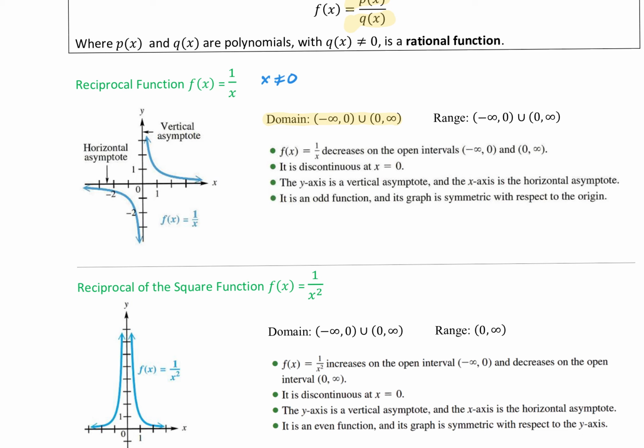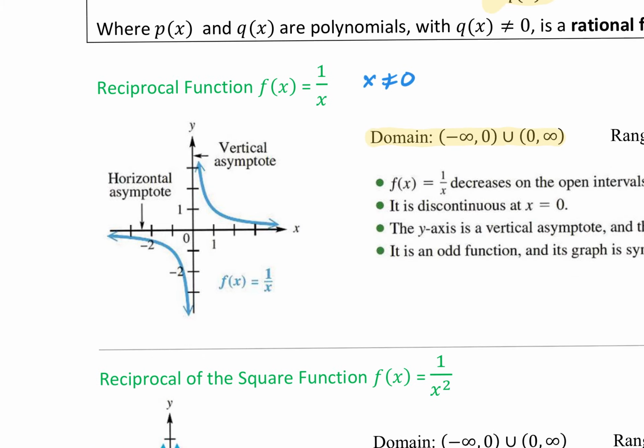Since it can never be equal to 0, and my domain has now been split up into two intervals, if you look at the graph of 1 over x, you see that it has two pieces. And where it splits off is at the y-axis. So think about what that is. The y-axis is where our x values are 0.